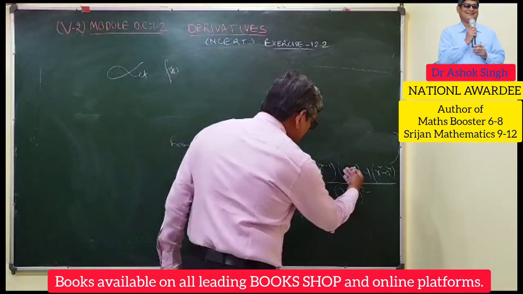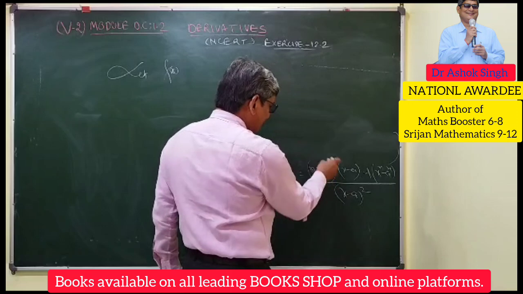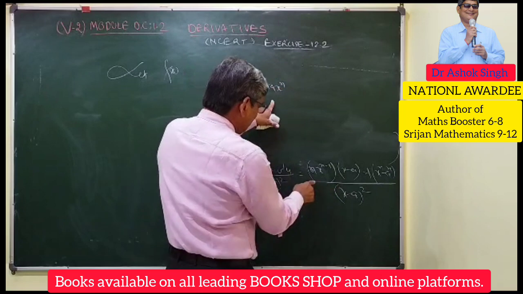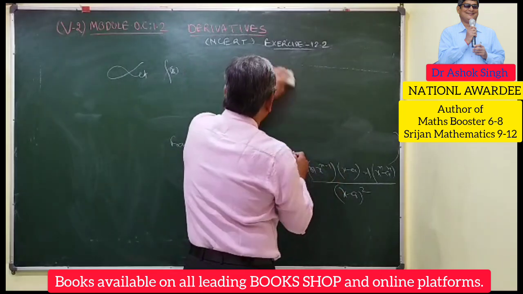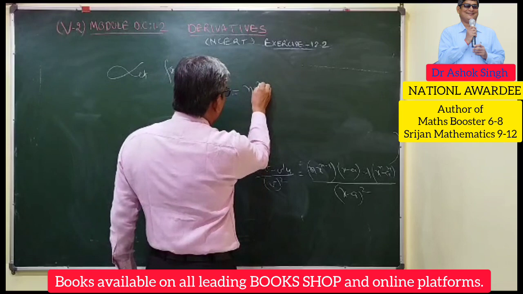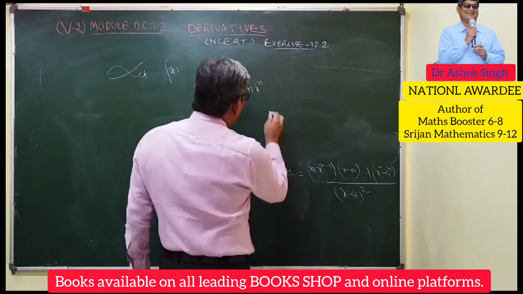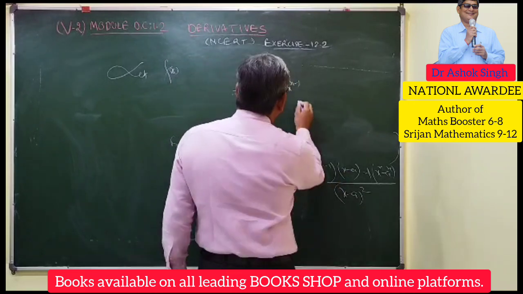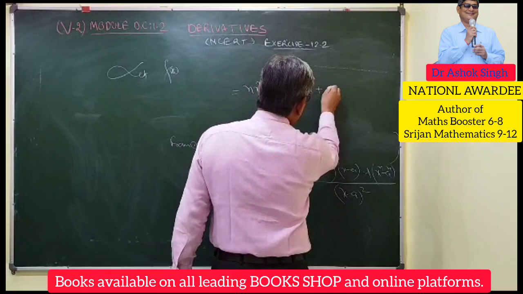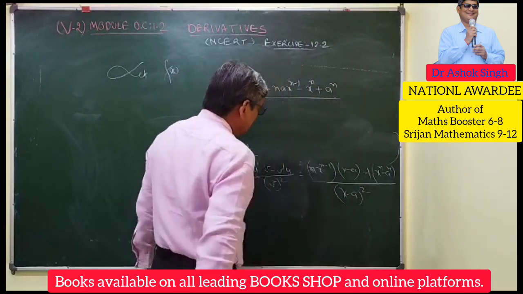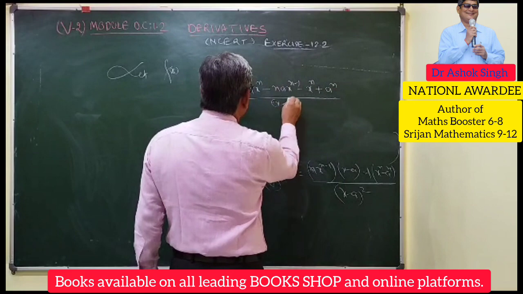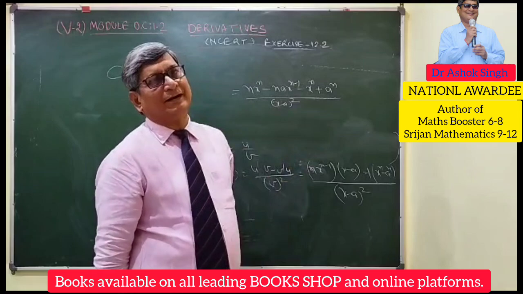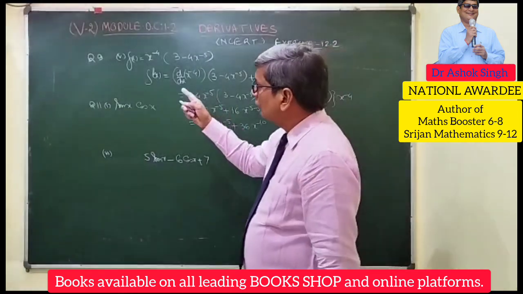So you can write n x to the power n minus n a x to the power n minus 1 minus x to the power n plus a to the power n, divided by x minus a whole square. If you want, you can take these two things together and write the final answer.